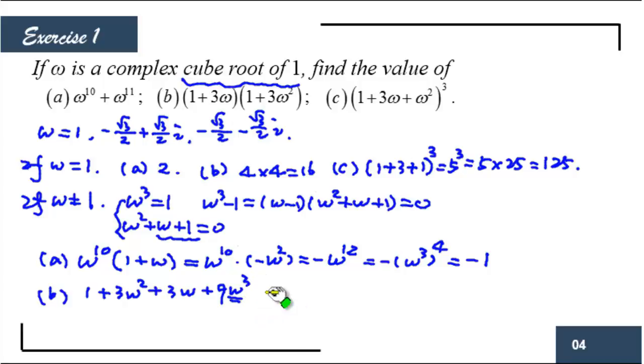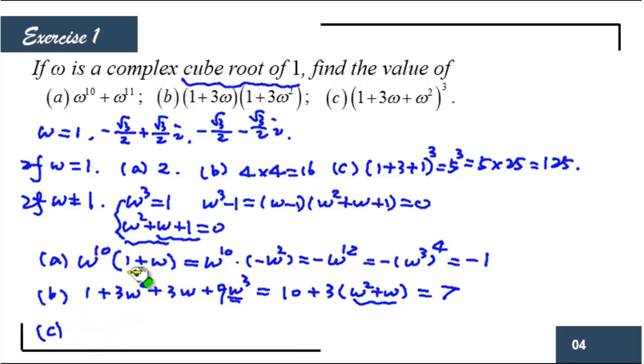That is a constant, so we can get 10 plus 3 times omega squared plus omega. That means minus 1, so it equals 7.